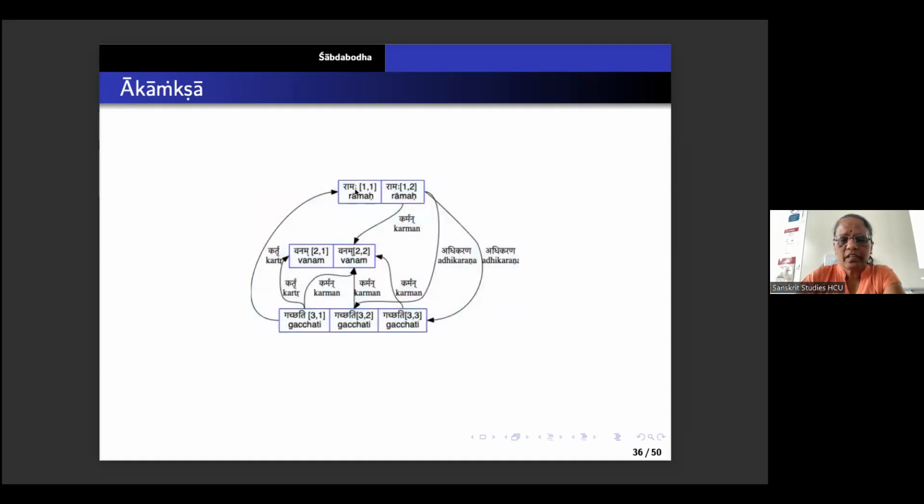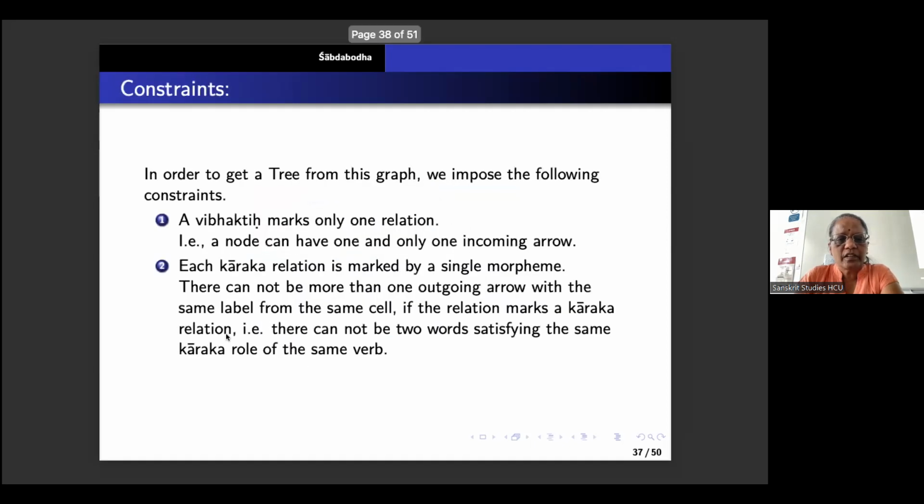And what we see is we get a graph, but essentially what we need ultimately is a tree telling us which is the root node and how the other two words are related to this root node. So there are constraints. And what are the constraints?